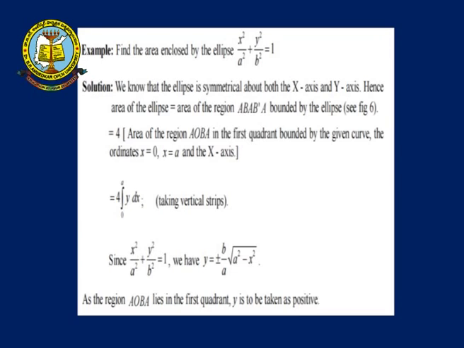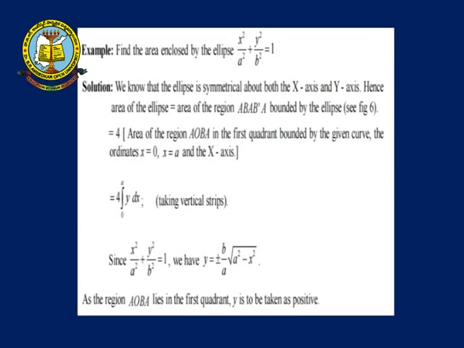Now since x square by a square plus y square by b square equal to 1, we can take y square by b square equal to 1 minus x square by a square. Here y equals plus or minus b by a into root of a square minus x square. So y equals b by a root of a square minus x square.